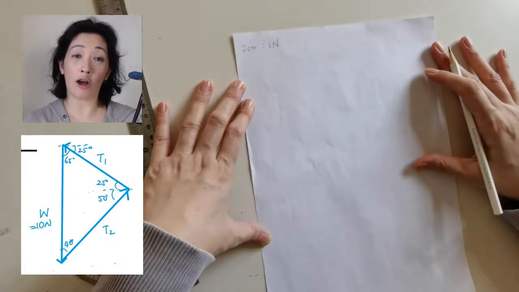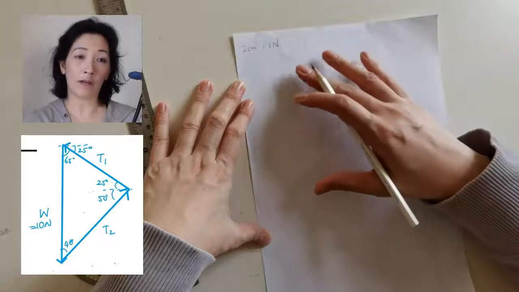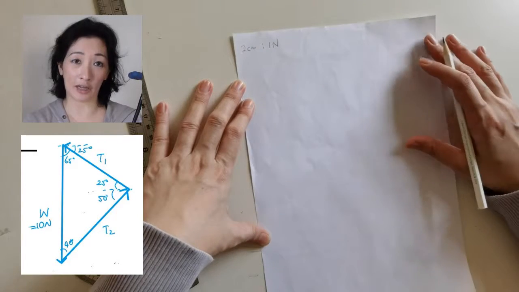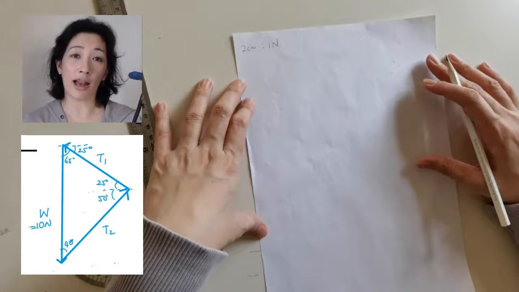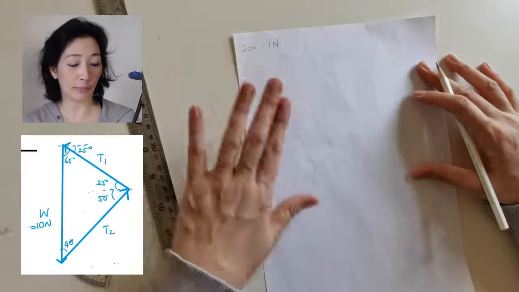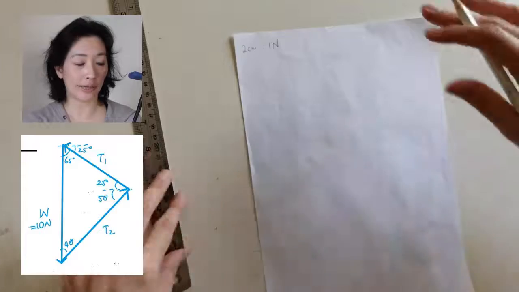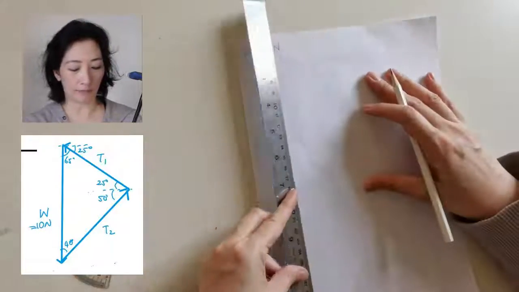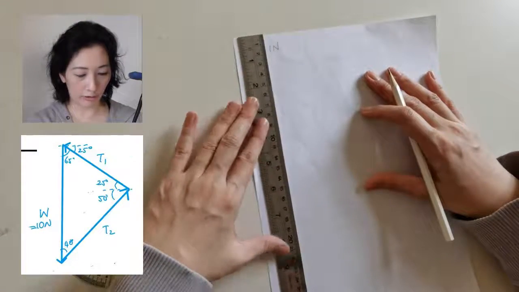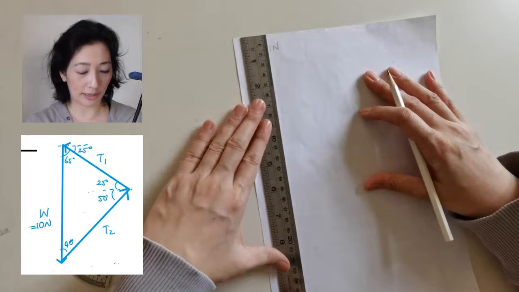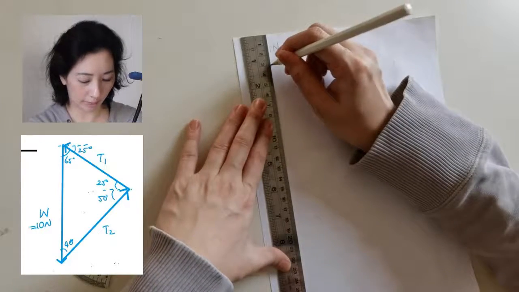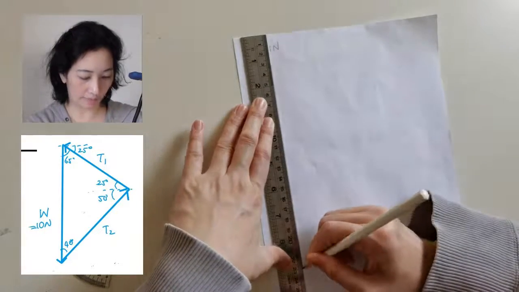We're going to draw the triangle of forces based on the sketch we saw earlier. The value of weight is 10 Newton, which means that based on the scale, the length of the weight line should be 20 cm. So using the long ruler, I'm going to draw out a 20 centimeter length, from here to here.